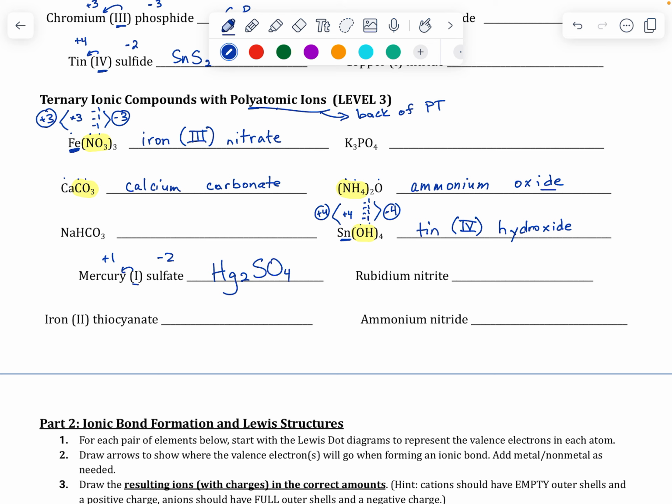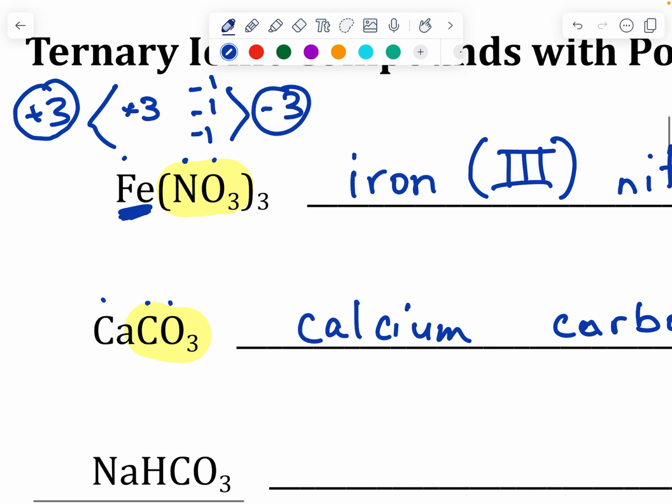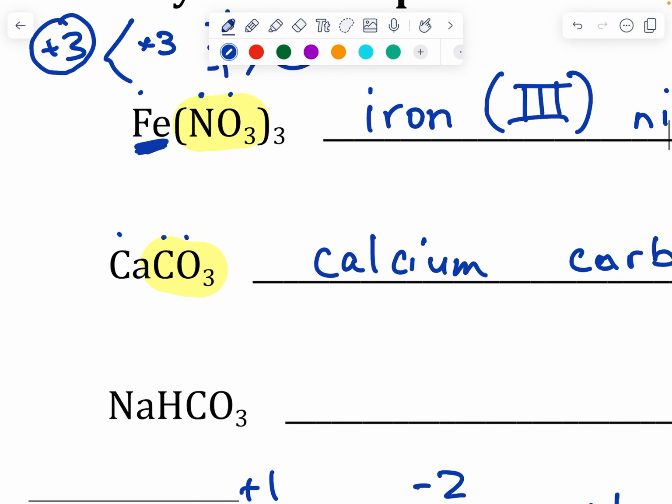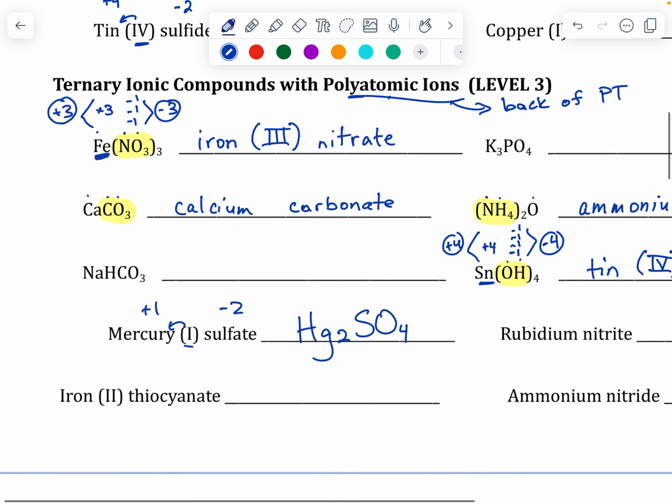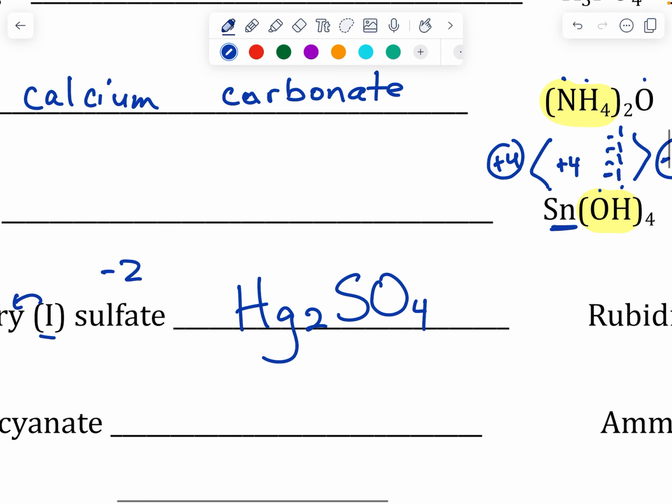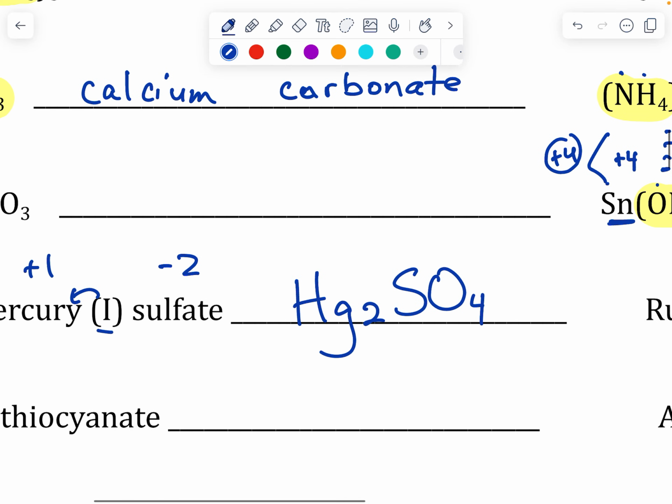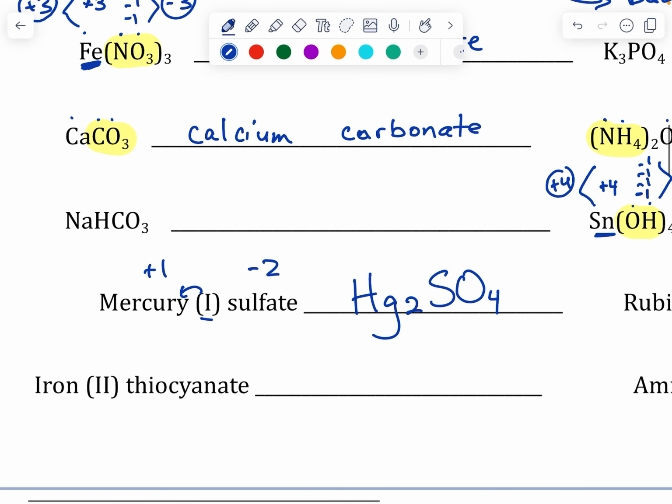Now, you'll note that sometimes our groups needed to have parentheses around them, and sometimes they did not, and that's based on if we need multiple polyatomics in a chemical formula or not. In this case, SO4 has a -2 charge, but that doesn't necessarily mean that it needs parentheses around it when you see that you only need one of them.